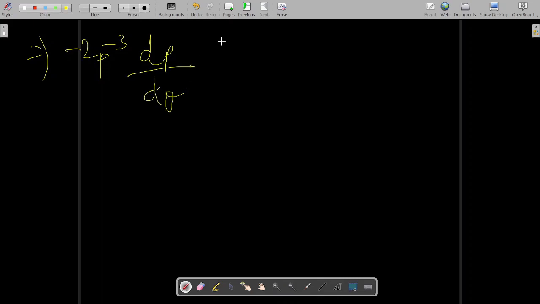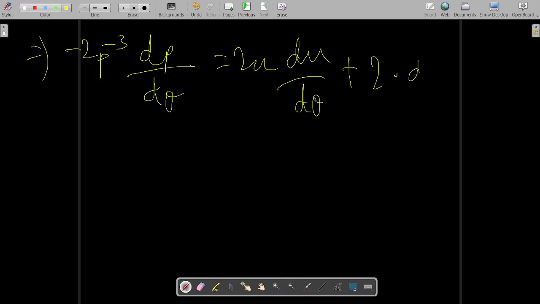So what did you get from here? That implies the thing which we have got is equal to 2u du by d theta plus 2 du by d theta d2u by d theta 2. This is the step which I am writing again so that I am able to differentiate it and integrate it.